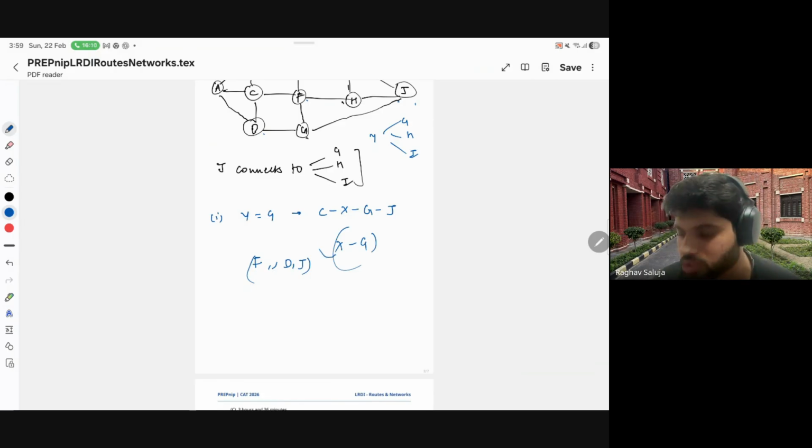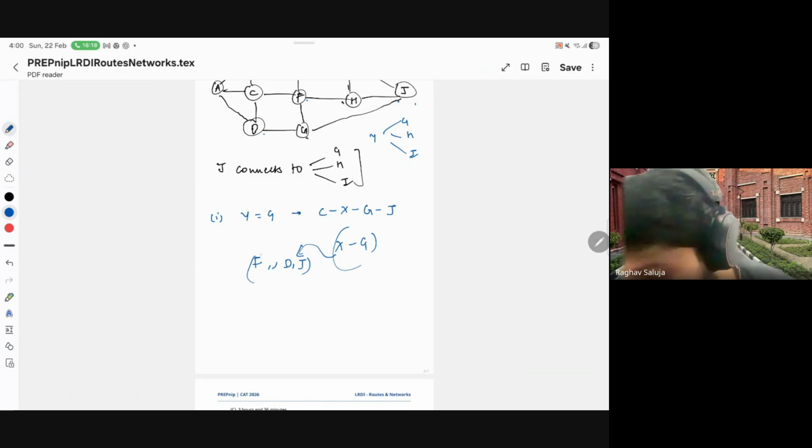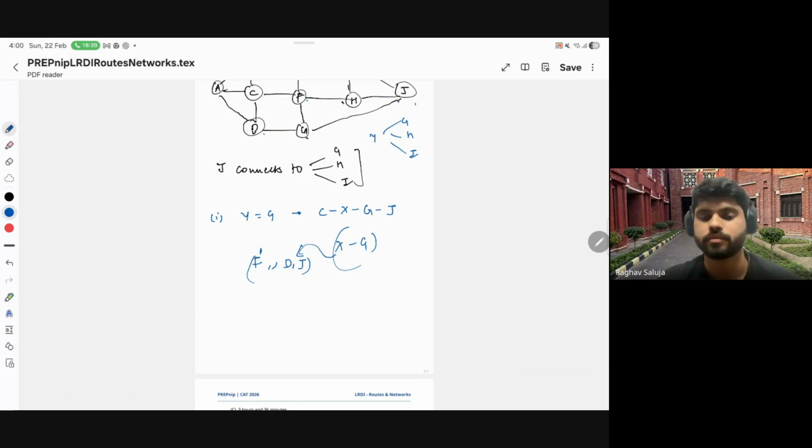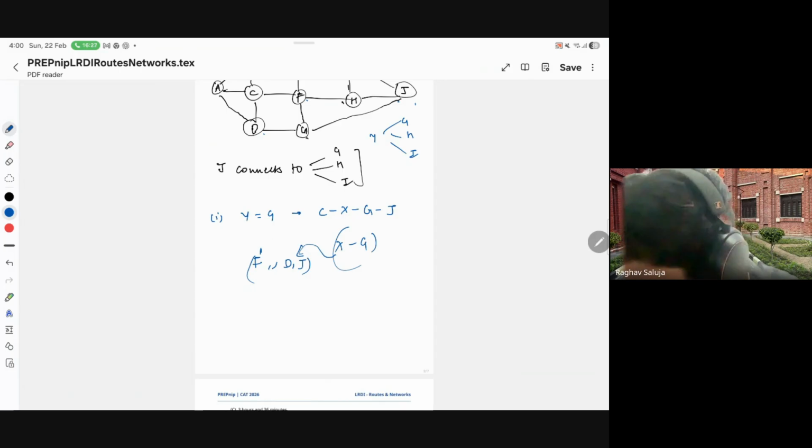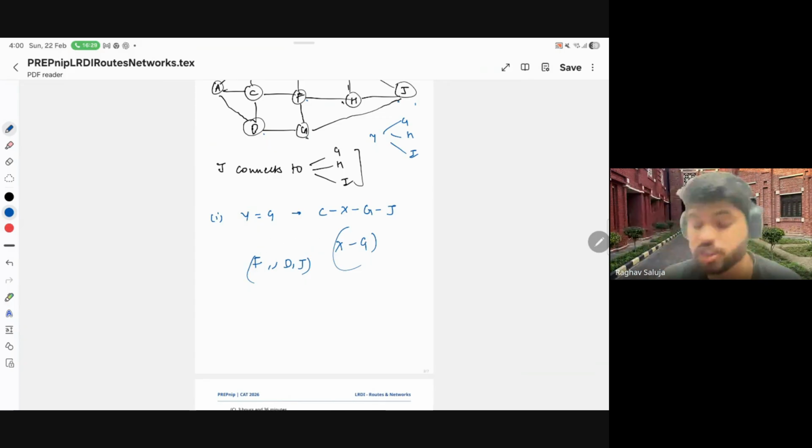It means X has to be one of this. X has to be a neighbor of G. ताकि X के directly बाद G आ सके. But can X be F? Sorry. Can X be J? I'm sorry. Can X be J? X cannot be J.